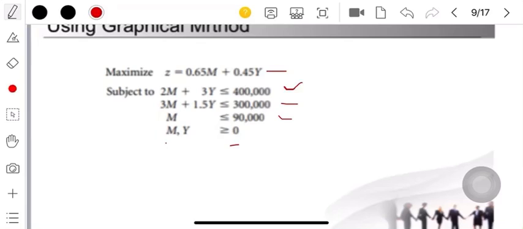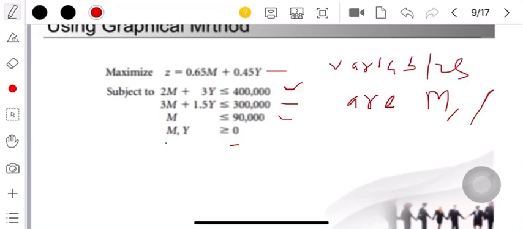So here there are two variables, m and y. This is the objective function and these are three constraints.